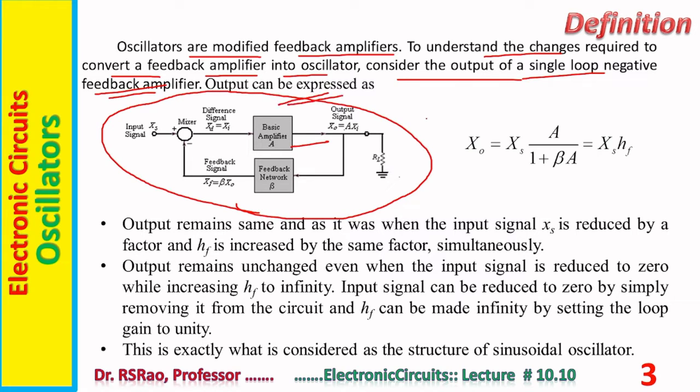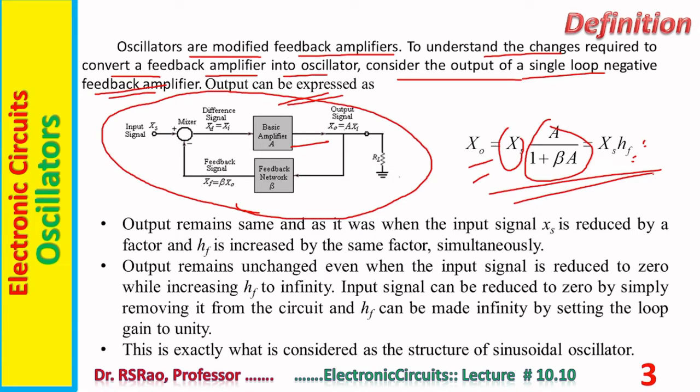The output of this amplifier can be expressed as X0 equals Xs multiplied by A by 1 plus beta A. There are two factors. One is Xs, another is A by 1 plus beta A. These two factors multiplied give output X0. Now let us designate A by 1 plus beta A as HF. With this designation, X0 becomes equal to Xs HF.